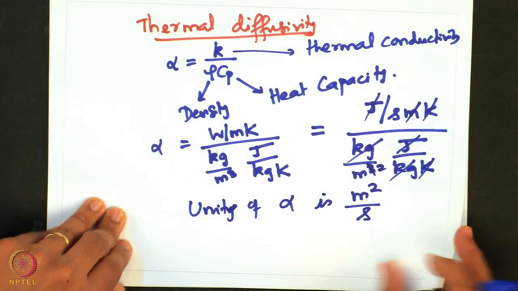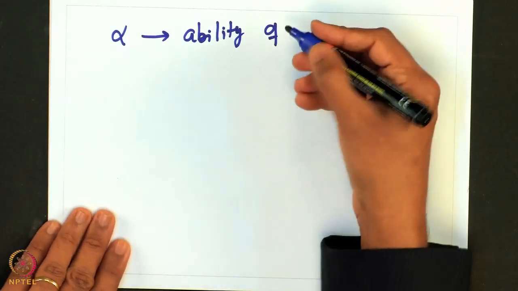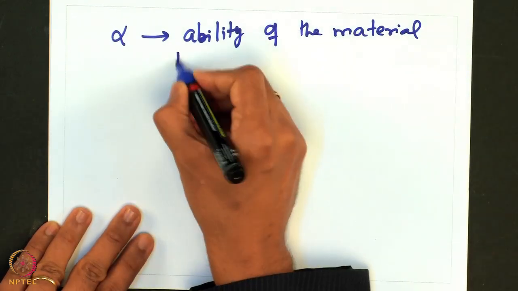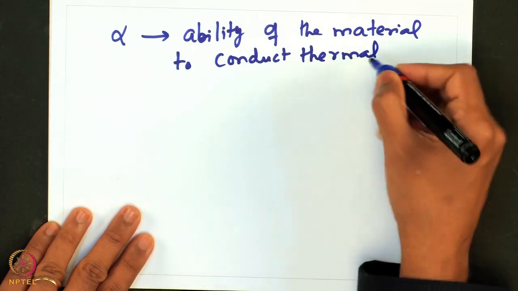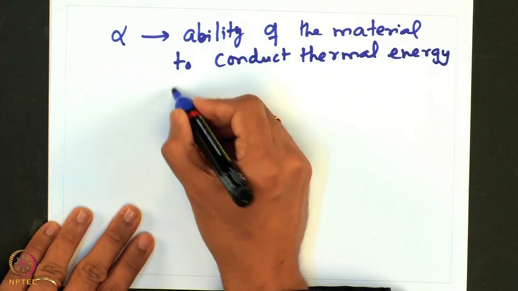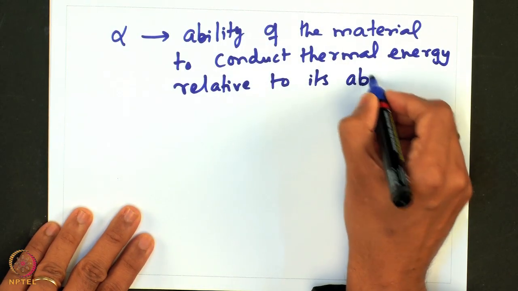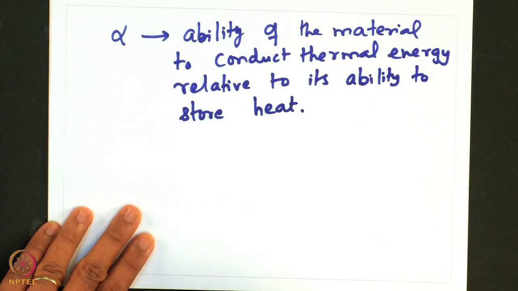So, what is thermal diffusivity? Thermal diffusivity essentially captures the ability of the material to conduct thermal energy relative to its ability to store heat.